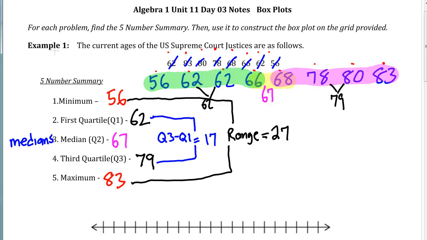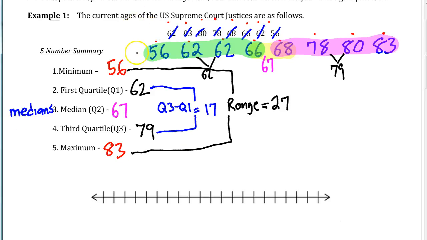Now, besides the idea that you have to have them in the right order, when you go down to graph it, you'll be given some sort of number line that's not numbered. It doesn't give you 56, 50. So you have to figure out, what should I count by? If you start with 56 and need to end with 83 because that's the min and the max, do you have enough tick marks to get from 56 to 83 by counting by ones?